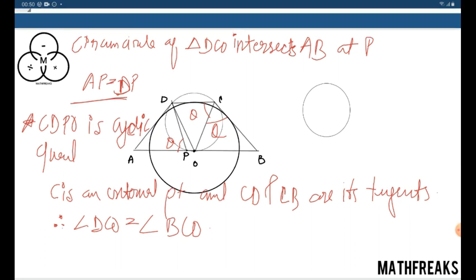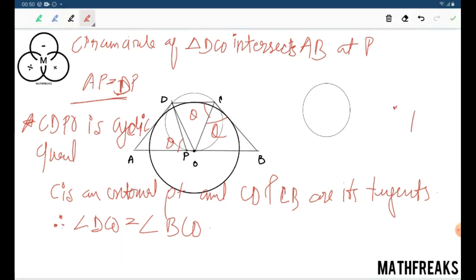If we have a circle and an external point P, subtending tangents like this, then this is perpendicular, this is perpendicular. If we join this, then we have a right angle and a common hypotenuse, so by RHS they are congruent.